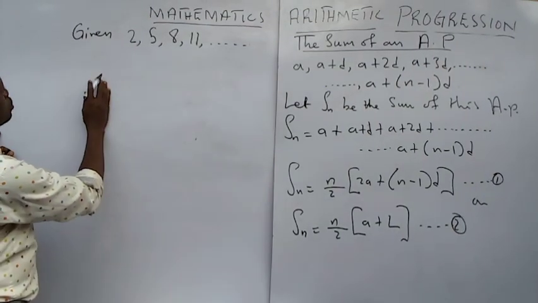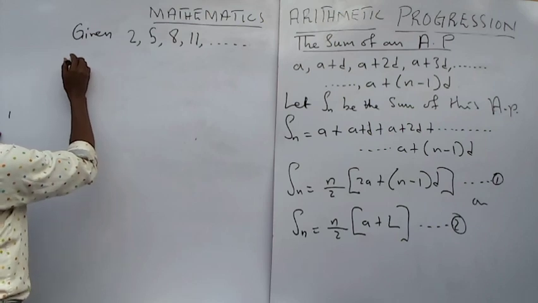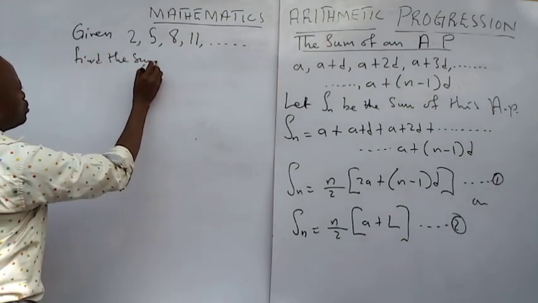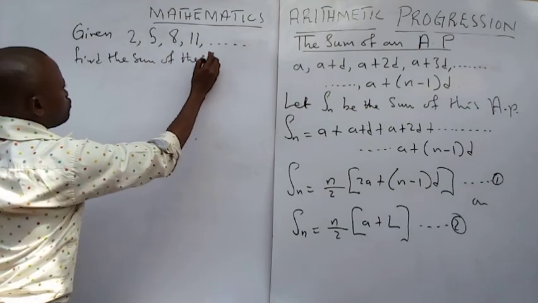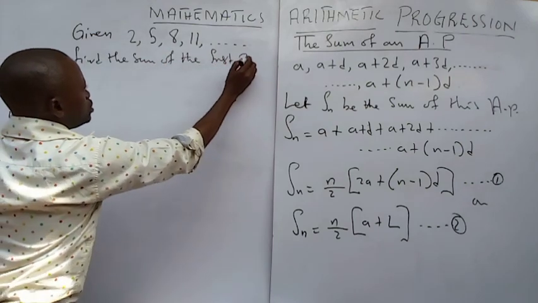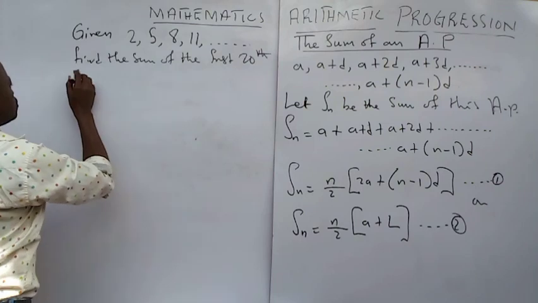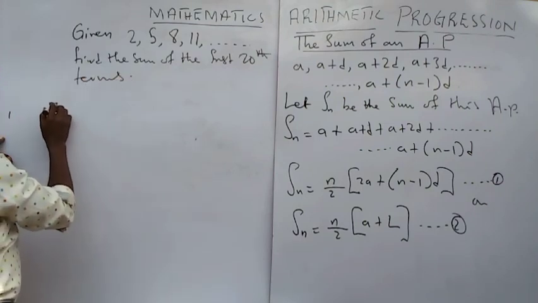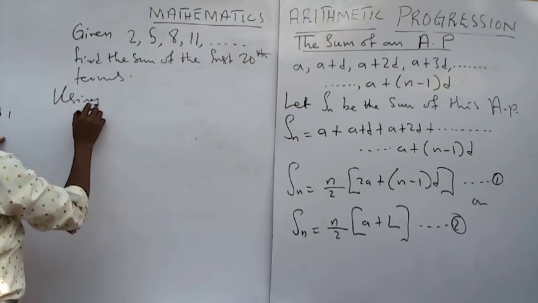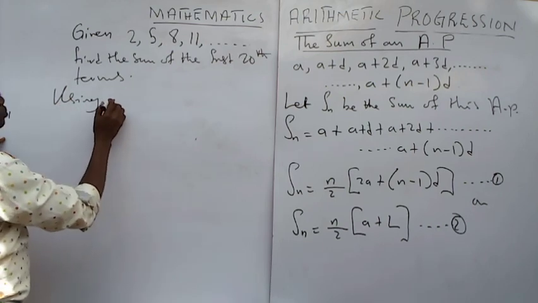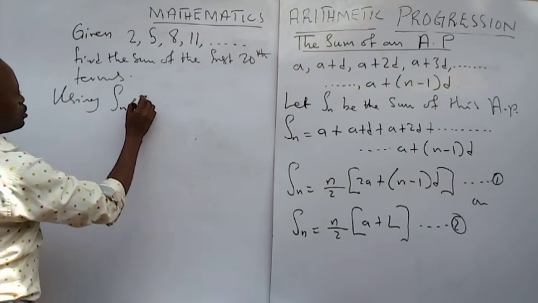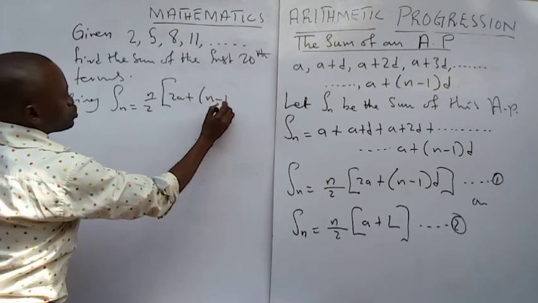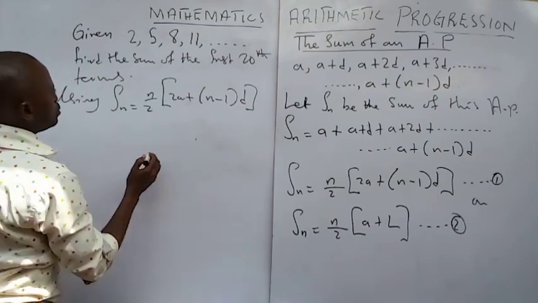So I'm talking about find the sum of the first 20 terms. Solution, using Sn equals n over 2 in bracket 2a plus in bracket n minus 1, common difference.